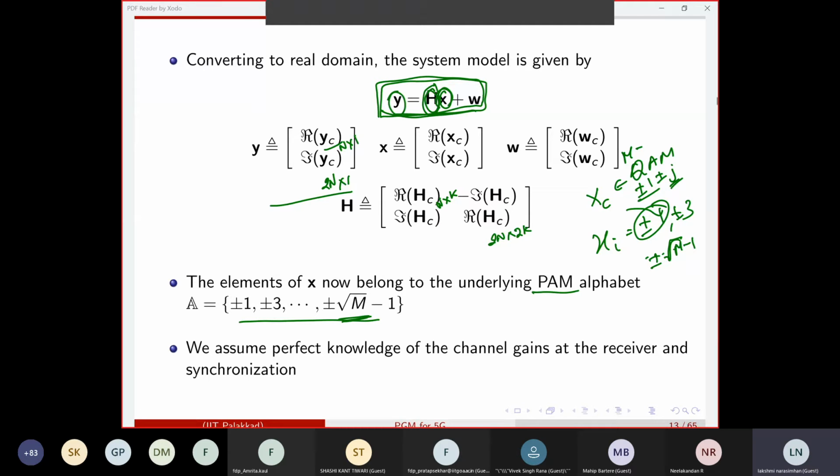Because of this H matrix, each Yi is going to be the summation over j of Hij Xj plus some noise ni. You can see here we have interference from all K X variables. So we have to cancel out this interference.